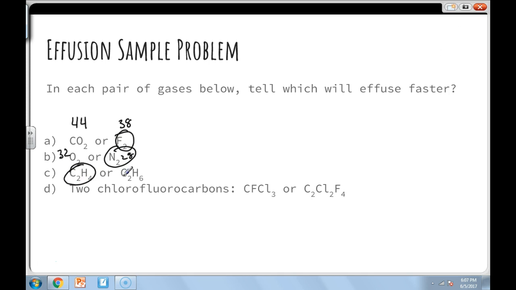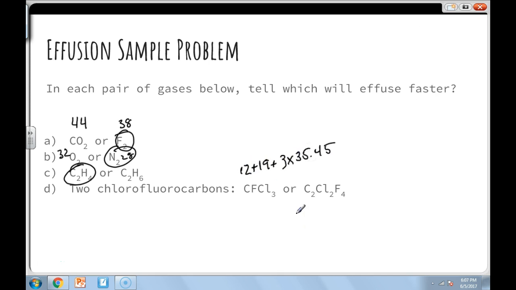Now I can do that very quickly because it's C2H4 versus C2H6. This has more hydrogens. And now this one here, we can do the molar mass. So this is 12 plus 19 plus 3 times 35.45, since there are 3 chlorines.